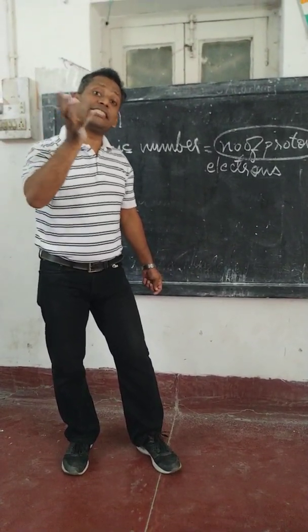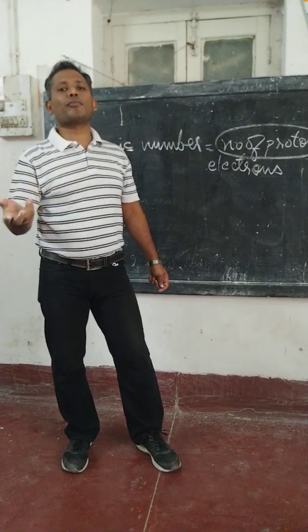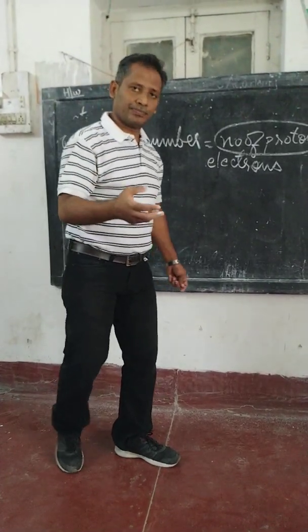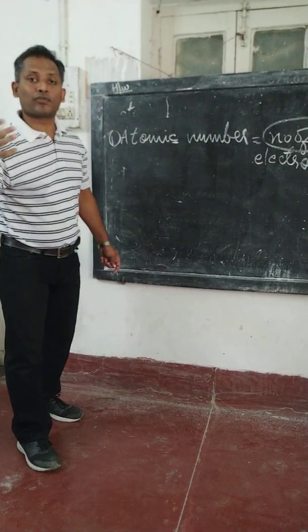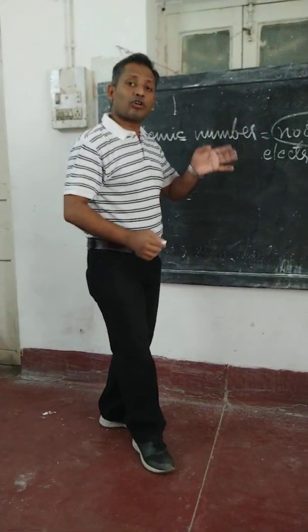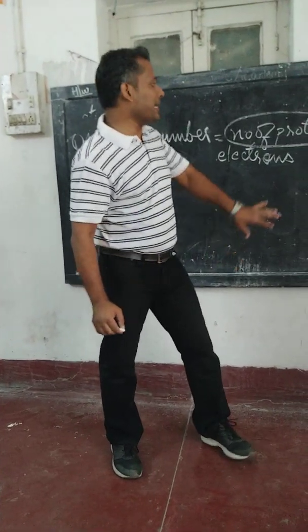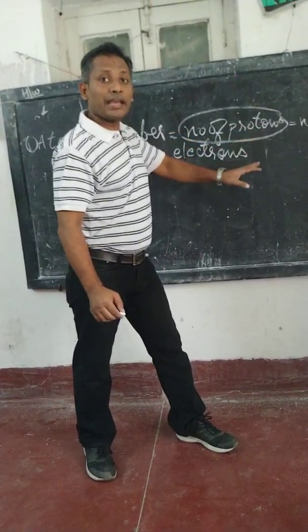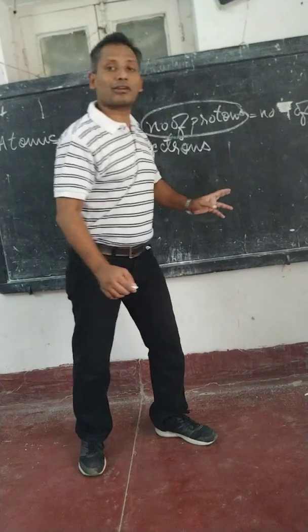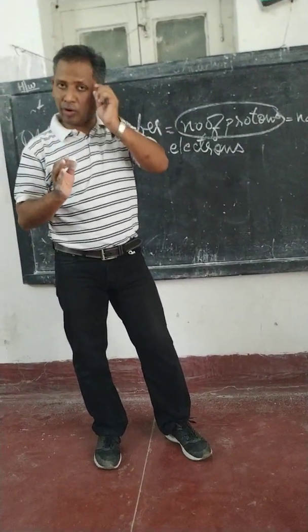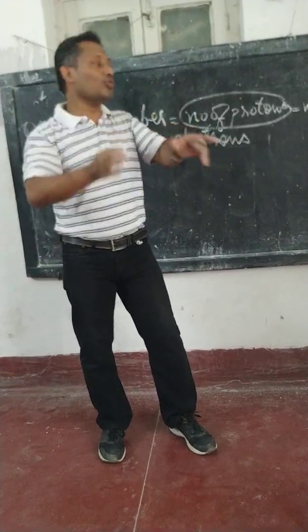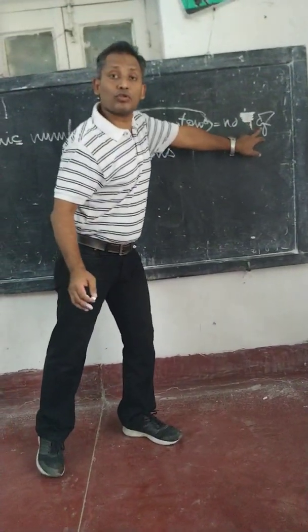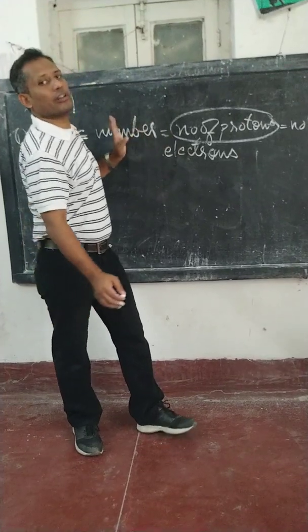Sulfur has 16 protons, so its atomic number is 16. Chlorine has 17 protons, so its atomic number is 17. That also means it has 17 electrons, because in an atom, very important, the number of protons will always be equal to the number of electrons, and that is called the atomic number.